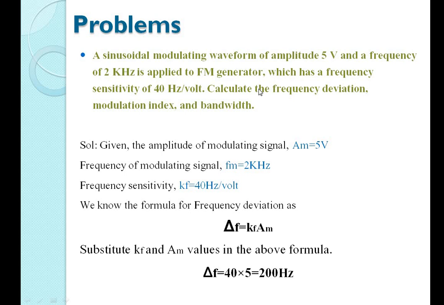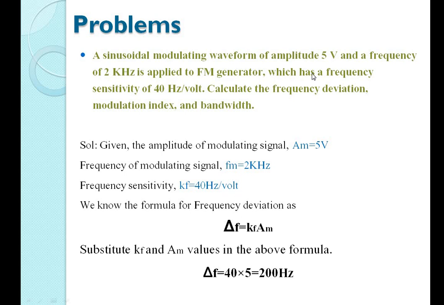The frequency of the modulating signal, fm, is given as 2 kilohertz. Now the frequency sensitivity, as I gave in the last class itself, kf is equal to 40 hertz per volt.